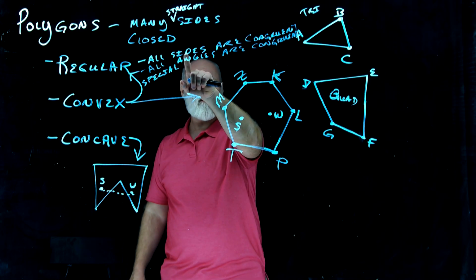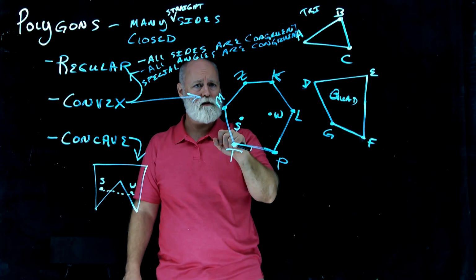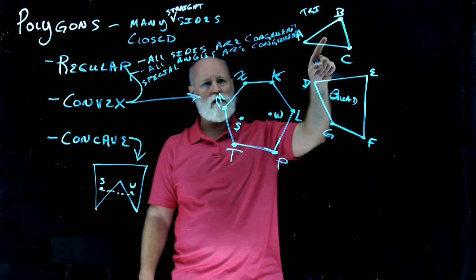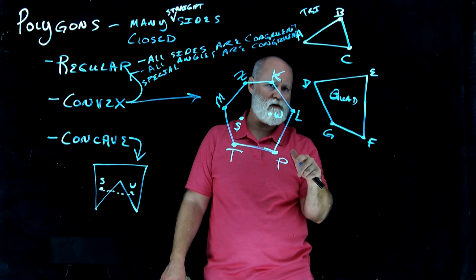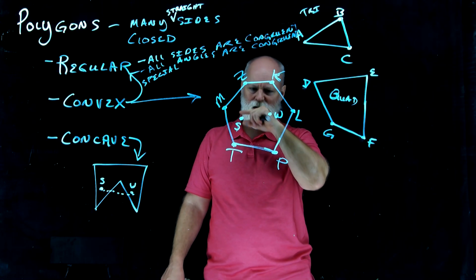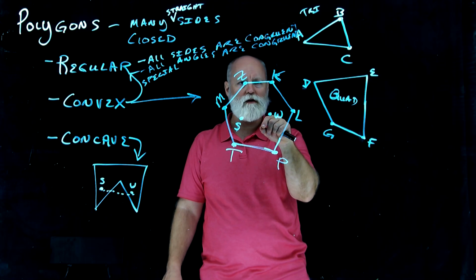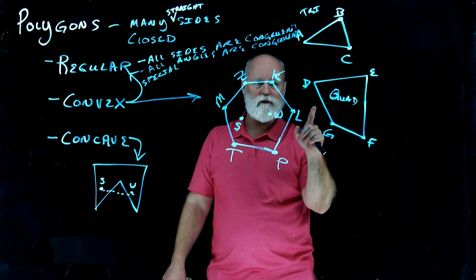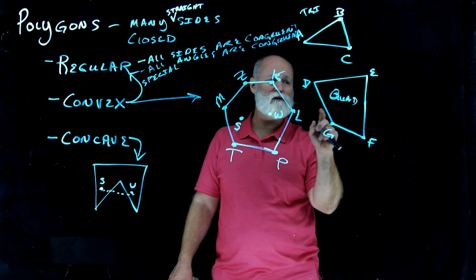We have to specify sides and angles because triangles are the only one where one's going to force the other one to occur. Okay? Well, that's not true. There are other shapes where that occurs as well. But it's not true with quadrilaterals.